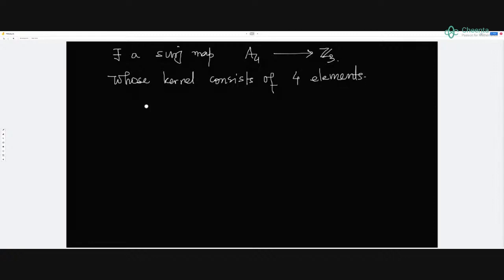So what are these 4 elements? (1 2)(2 3)... (3 4), (1 4).